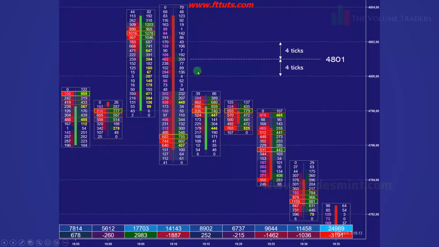So each tick is worth 25 cents of price difference. For example, at the round number 4800, there were 102 sell contracts before 284 buy contracts. So it shows the quantity of sellers and buyers which already joined the market.